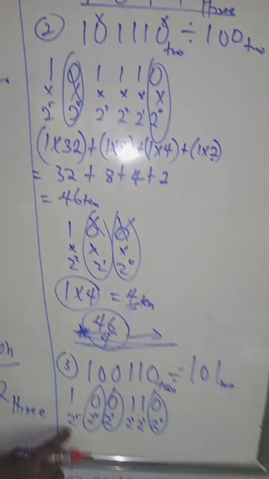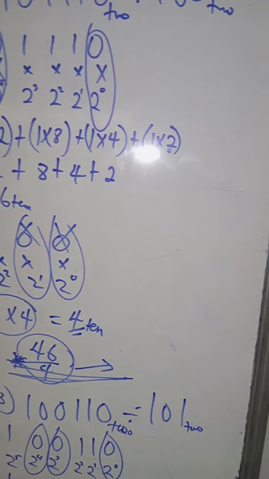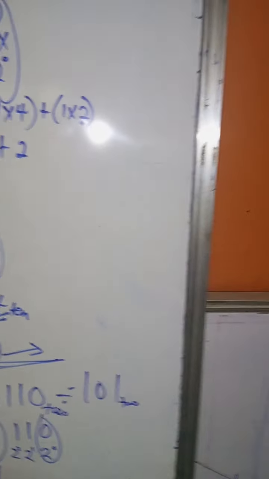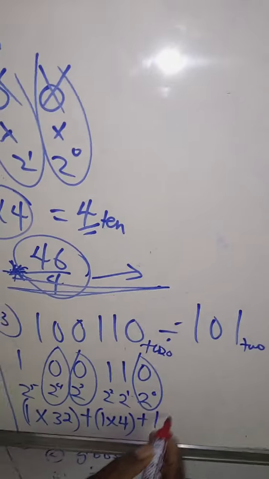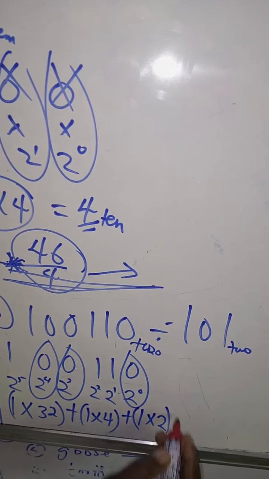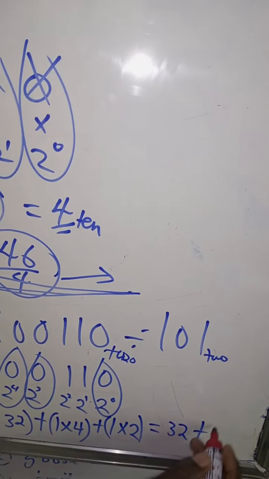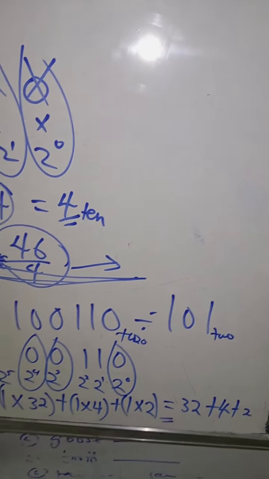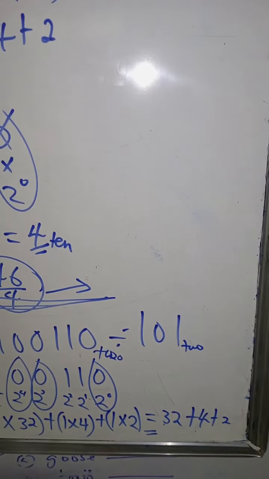This one is power 5, 2 to the 5 is 32. 1 times 32, add it to this one, which gives me 4, 1 times 4, and this gives me 2, 1 times 2. So we are now going to have 32 add to 4 add to 2. I think this will give me 38.